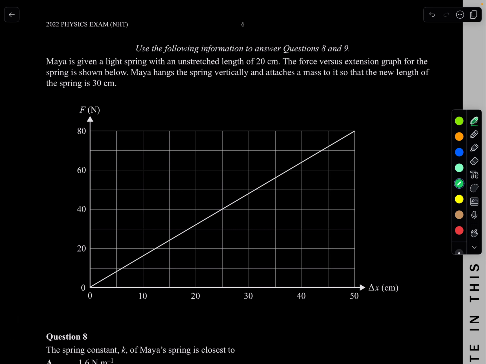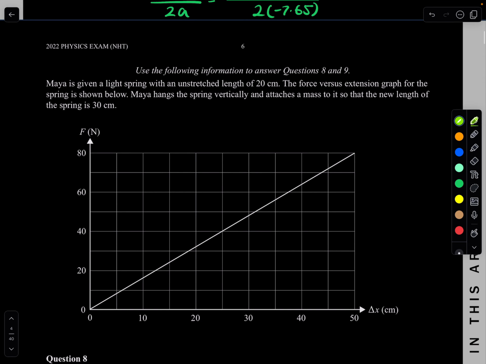Question 8 and 9. Maya is given a light spring with an unstretched length of 20 centimeters. So the force versus extension graph for the spring is shown below. Maya hangs the spring vertically and attaches a mass to it so that the new length of the spring is 30 centimeters. So let's just draw this. All right, so we have a spring. Its natural length is 20 centimeters.